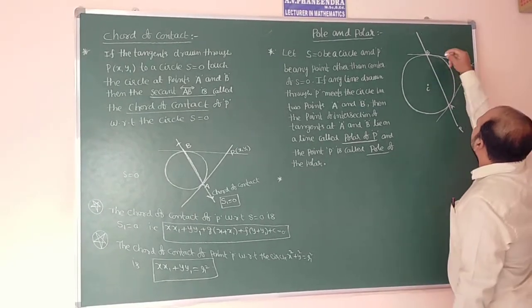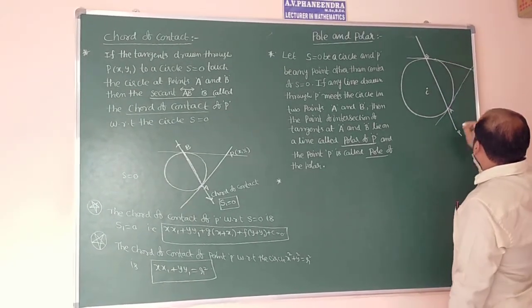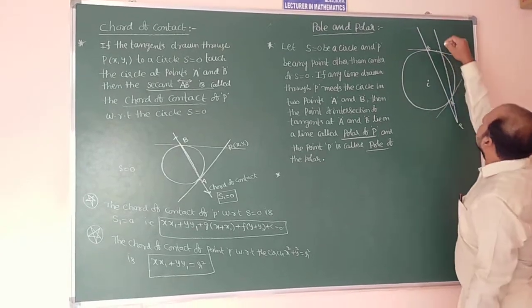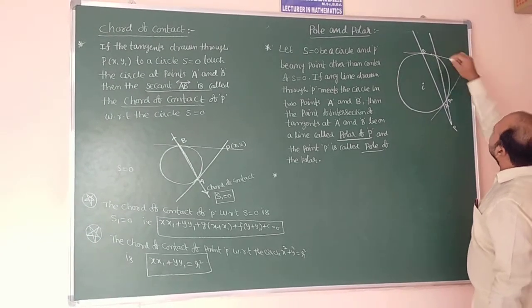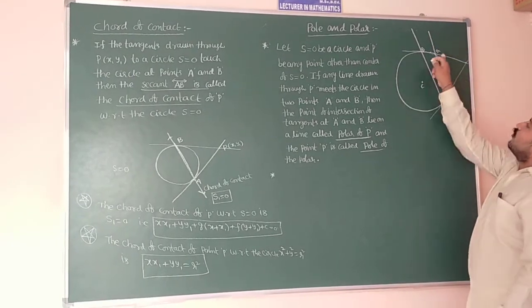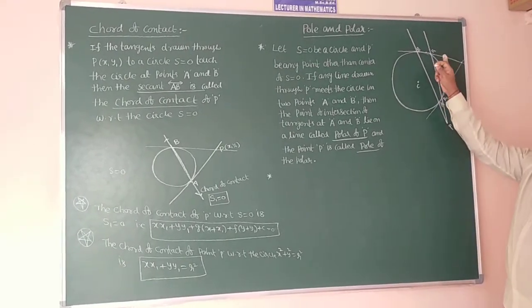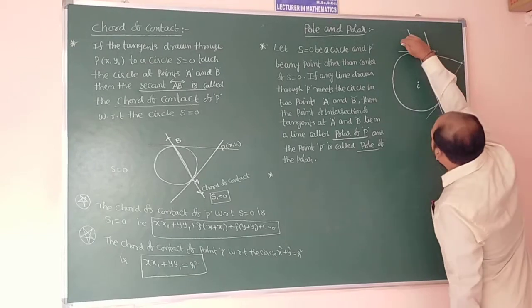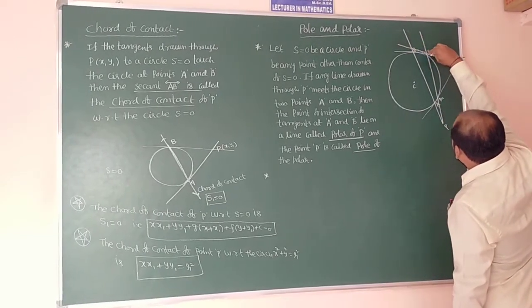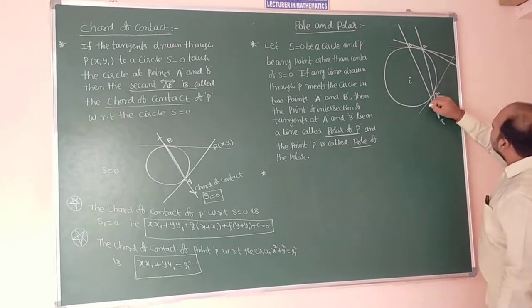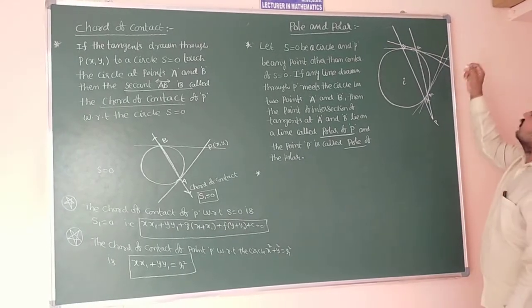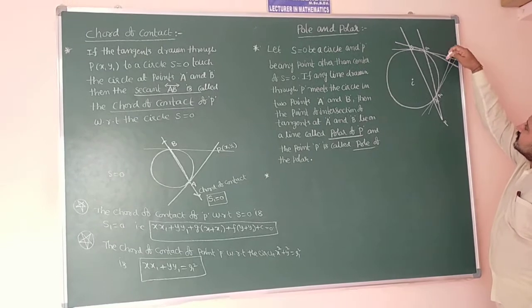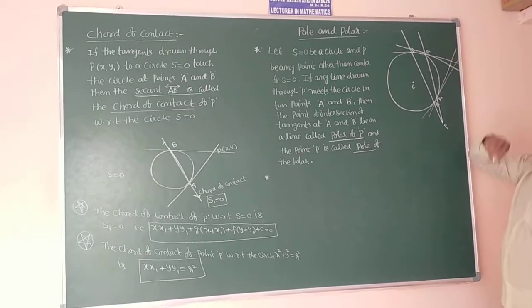Suppose another line from the point, it may be like this. This is A1, this is B1. From A1 and B1 you draw another set of tangents. The point of intersection of these tangents will be like this.